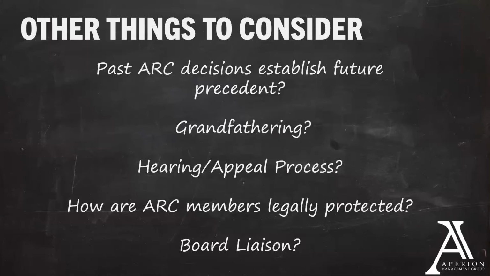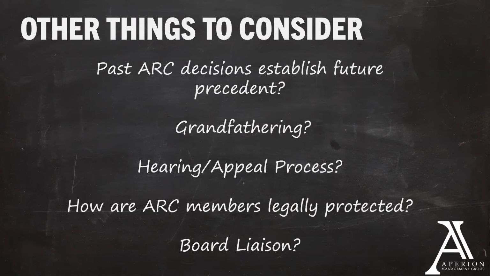They are there to monitor, and they're there so that if something gets out of hand or gets contentious or looks like it's really going to start escalating, that board liaison will have the history, the information, and will have been there from the start of that submittal and can provide that knowledge to the board directly as the liaison.